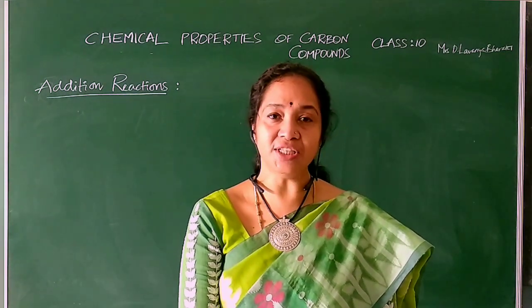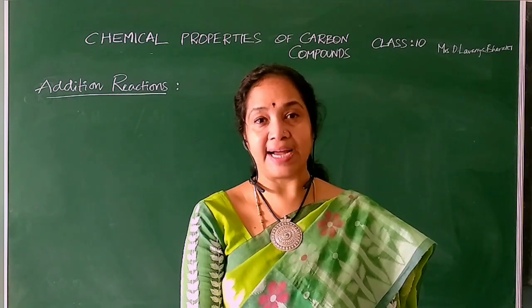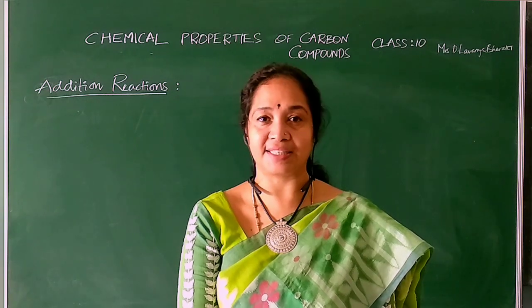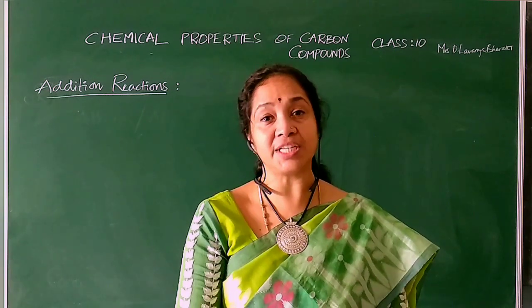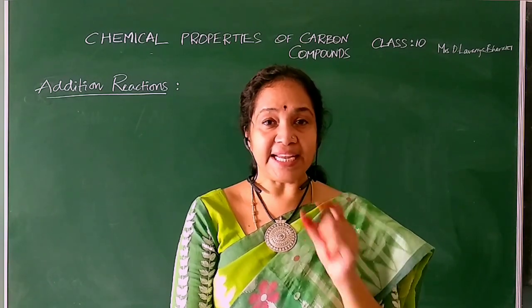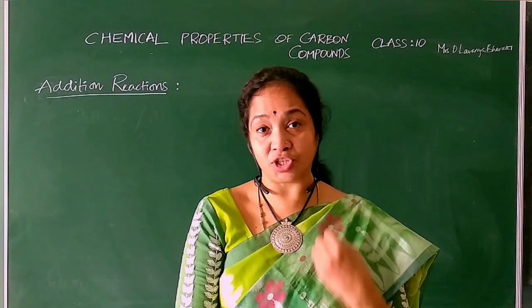In addition reactions, unsaturated hydrocarbons like alkenes and alkynes are converted to saturated hydrocarbons, namely alkanes. Industrially these addition reactions help us in converting coconut oil into vanaspati ghee. Yes, ethene is present in coconut oil and this ethene is hydrogenated.